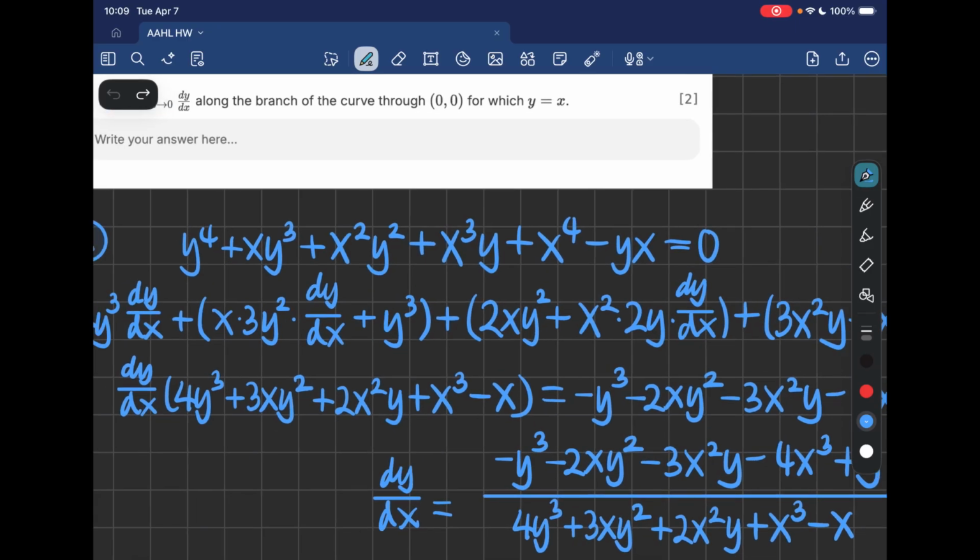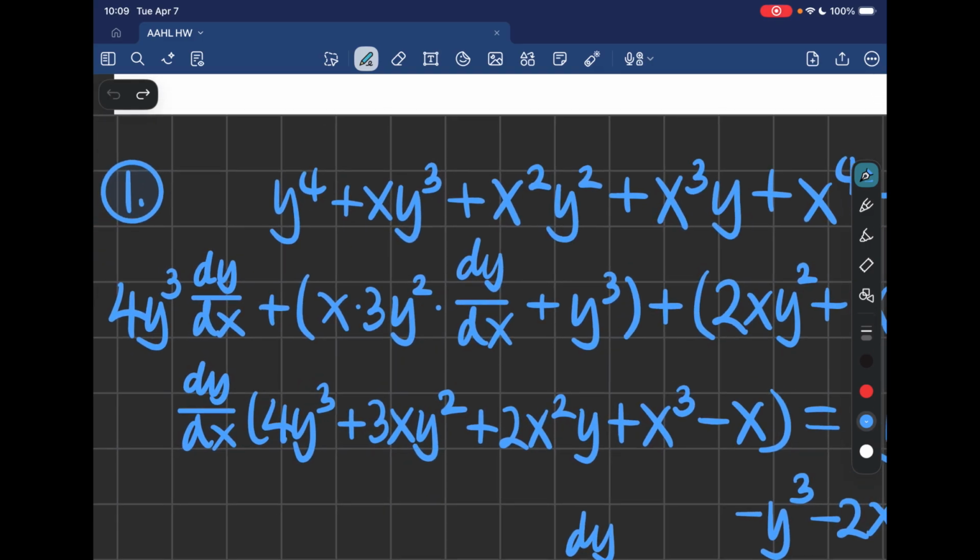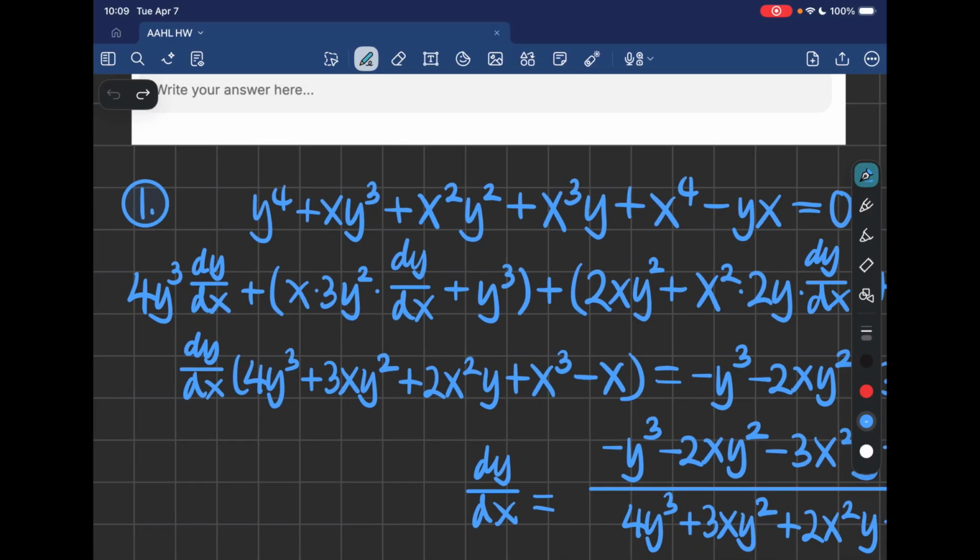And for the terms with y, we need to do implicit differentiation, where we first treat y just like a normal variable, so we move 4 down, so it's 4 times y to the power of 3, but also times dy over dx, because y is a function of x.